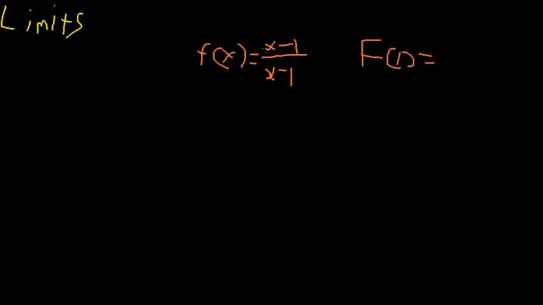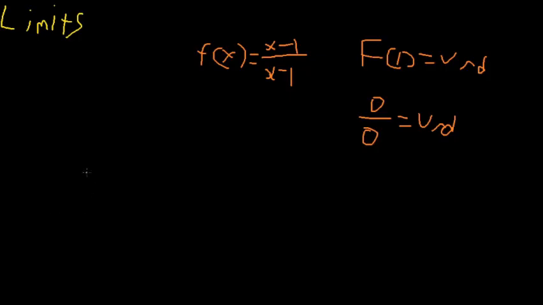If you plugged in 1 on top, 1 minus 1 is 0, and on the bottom, 1 minus 1 is also 0. So that would be 0 over 0, and that's undefined. So the value of f of 1 is undefined.